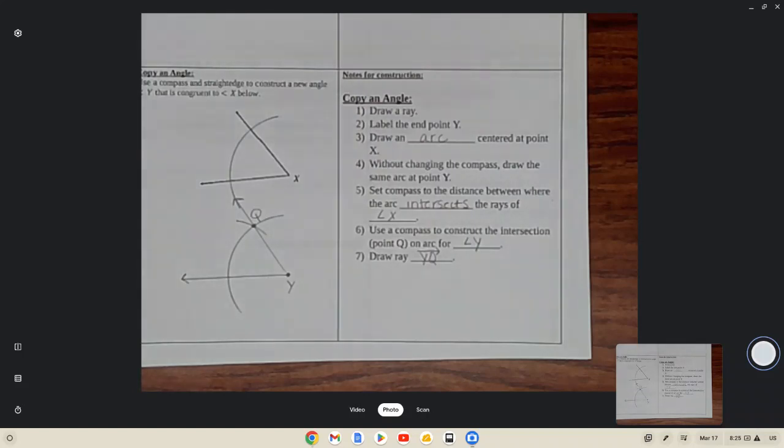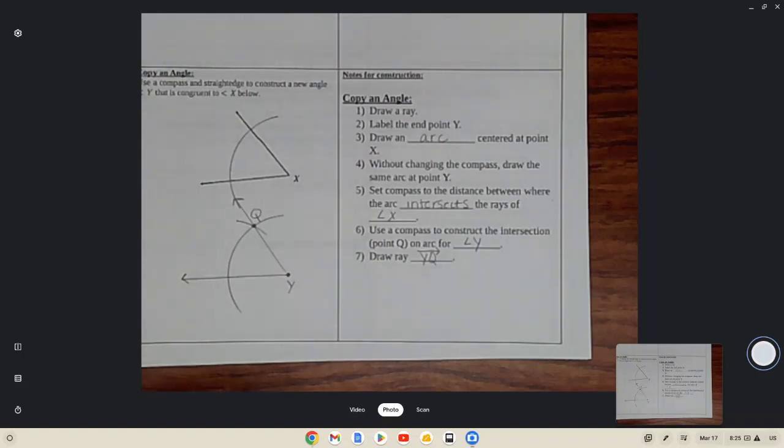Questions so far? So far, so good? Did you fill in the steps along with this so that when you have time to practice, then you remember what the steps are? Okay. We're going to do 2 more today.